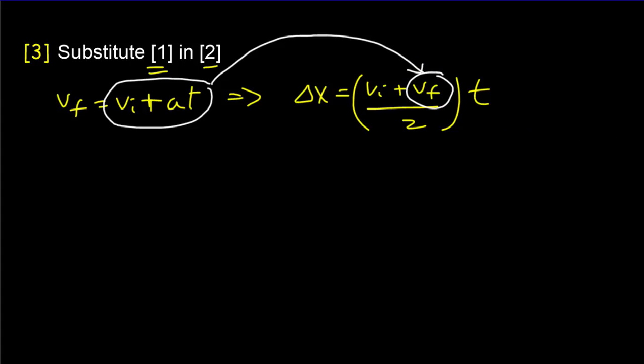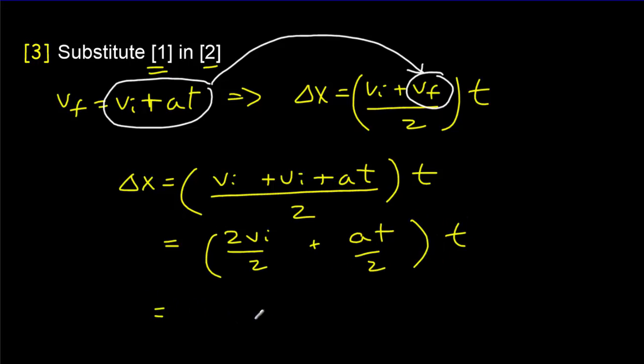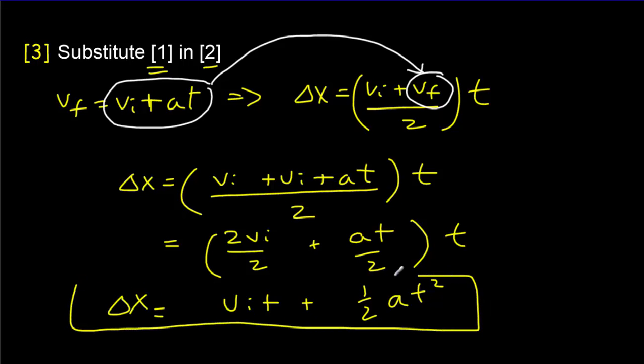And if I do that, I'm going to get that delta x is equal to VI plus AT all over 2 times t. So I'll get 2VI over 2 plus AT all over 2 all times t, which gives me VIT plus 1/2 AT squared equal to the displacement. So there's equation 3.